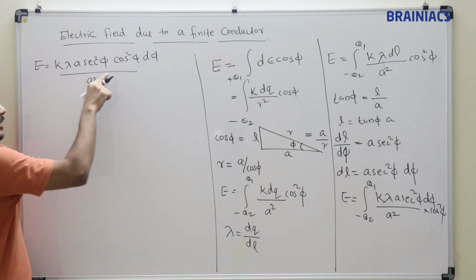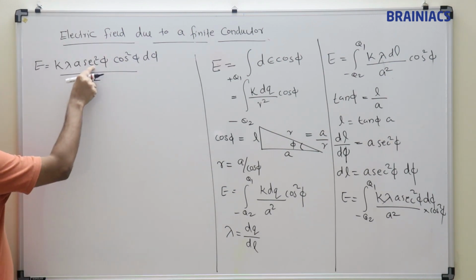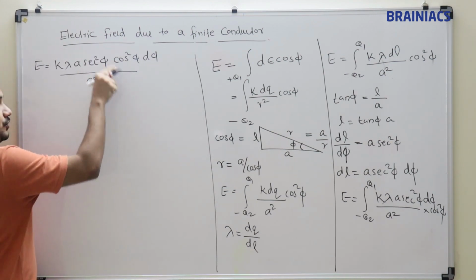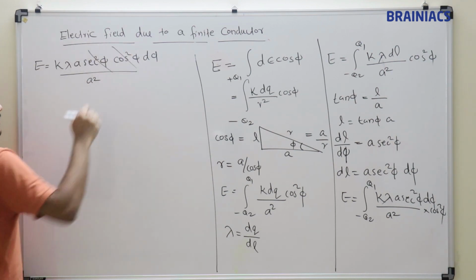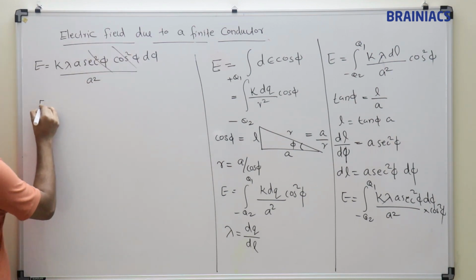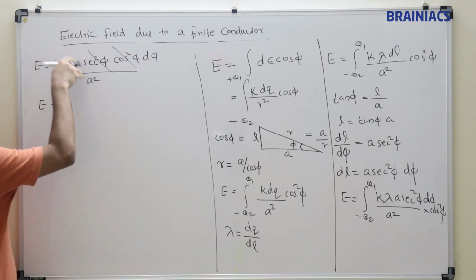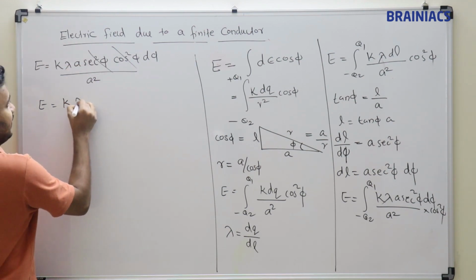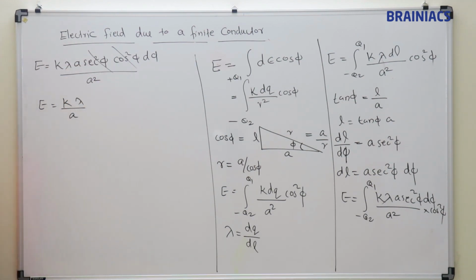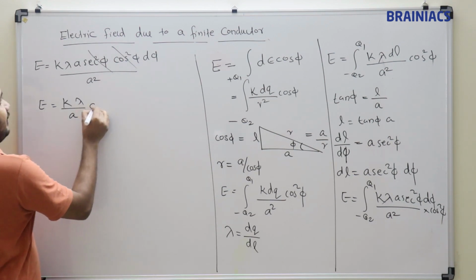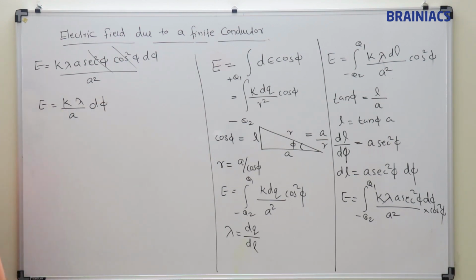Sec square phi means 1 by cos square phi, so 1 by cos square phi into cos square phi cancel. A will also cancel. So E will be equal to K lambda divided by A into d phi.